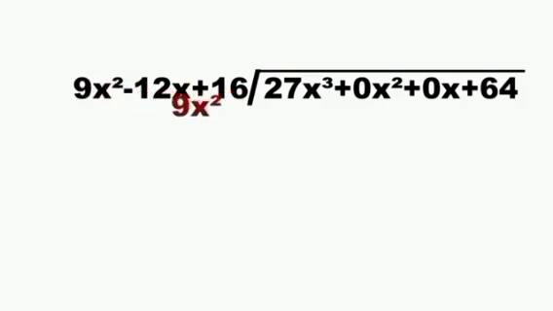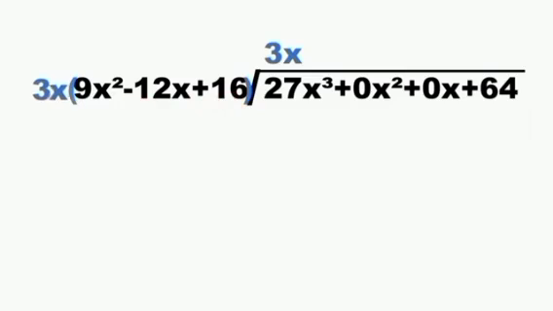First thing to do is divide 27x cubed by 9x squared, and the answer is 3x, and we put this 3x above. From here we are going to multiply 3x to 9x squared minus 12x plus 16.